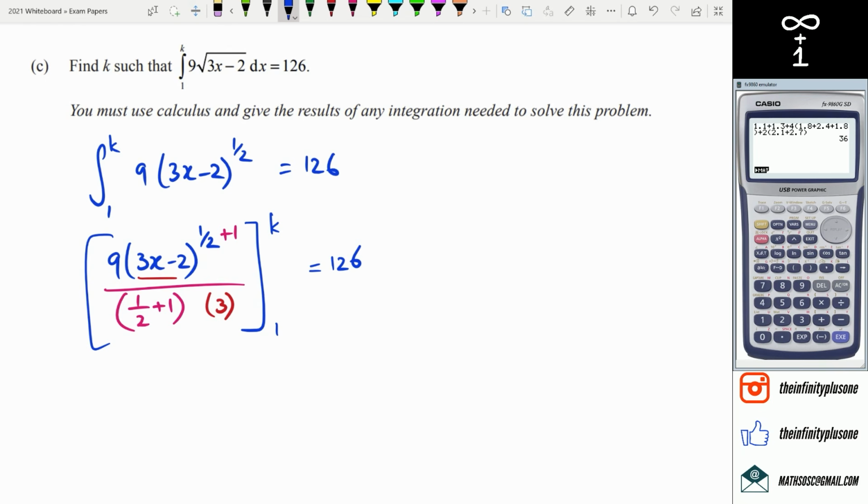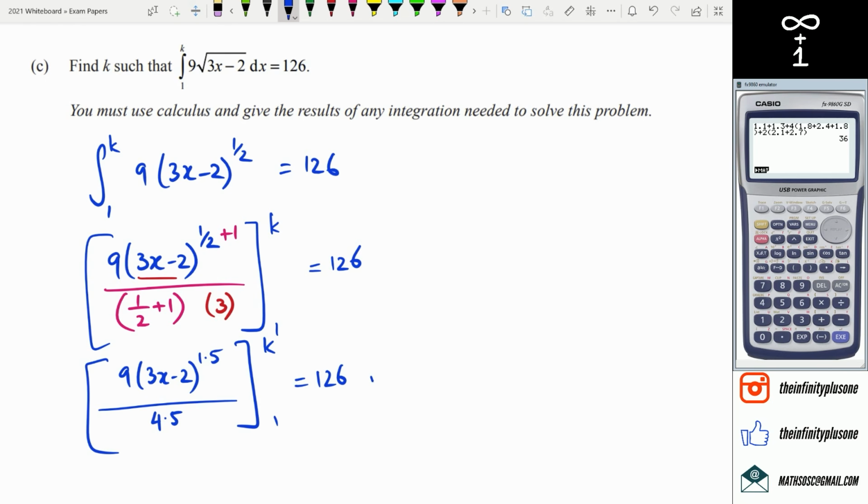Now it's just a matter of simplifying everything so that I can make sense of it. So I've got 9 times (3x minus 2) to the power of 1.5 divided by 1.5 times 3, which is 4.5. And again, I'm just being super lazy: 9 divided by 4.5 is 2.